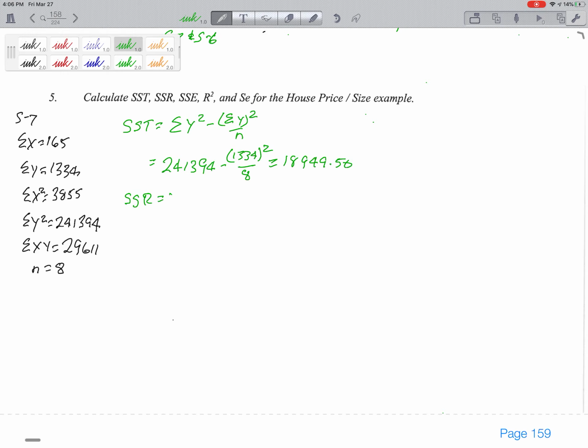SSR is equal to B1 times the sum of the xy's minus sum of x, sum of y over n.